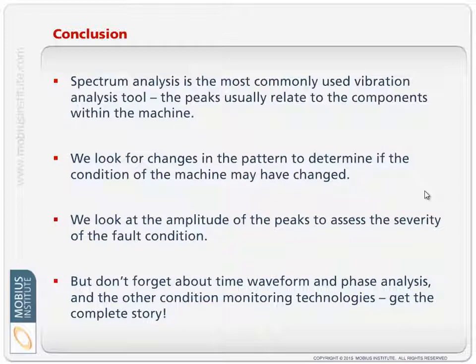What we do is we take routine measurements according to the PF interval, or the rate of failure, and we look for changes in amplitude, we look for new peaks that are appearing, we look for sidebands and harmonics, and generally we are looking at the pattern to try and tell what's going on and how severe it is and how quickly it's changing, which tells us how quickly we need to take that maintenance action. So we therefore try to assess the condition from the pattern and the severity from the amplitude, basically.